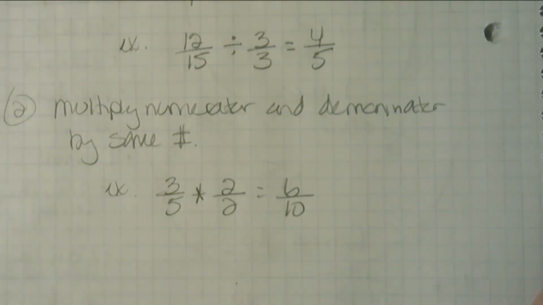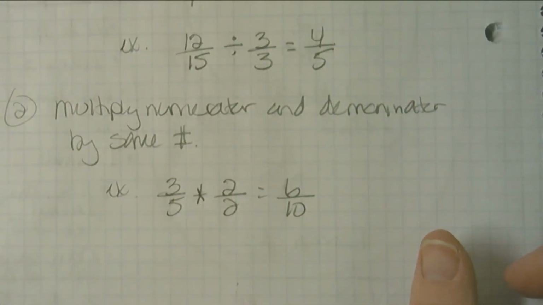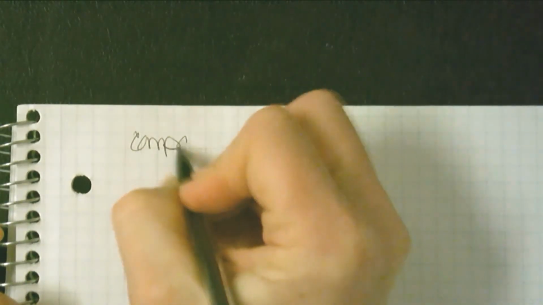So now that we know, and this hopefully is not new for you, how to look at fractions, now we need to talk about comparing fractions, all right? So what I want to do is compare numbers.